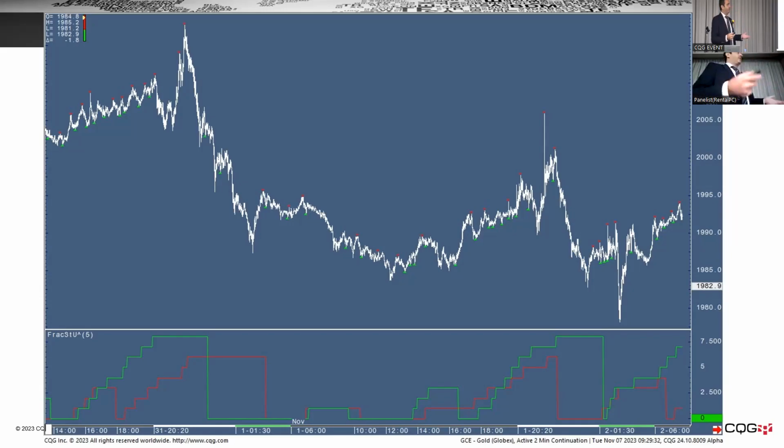So the trend is obviously a succession of higher highs and higher lows for an uptrend, and lower highs and lower lows for a downtrend. So if we just take that simple process and chart it a little bit differently, it gives us a historical reference of what the price is doing, and whether a trend is about to end, or is at the beginning of it.